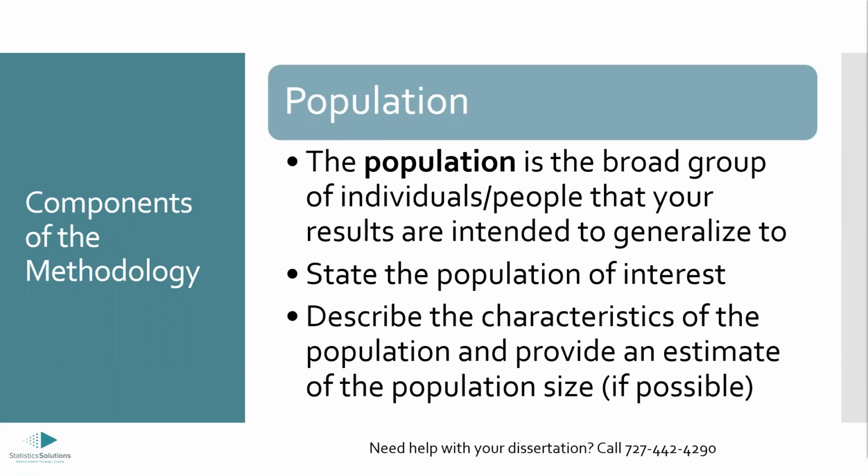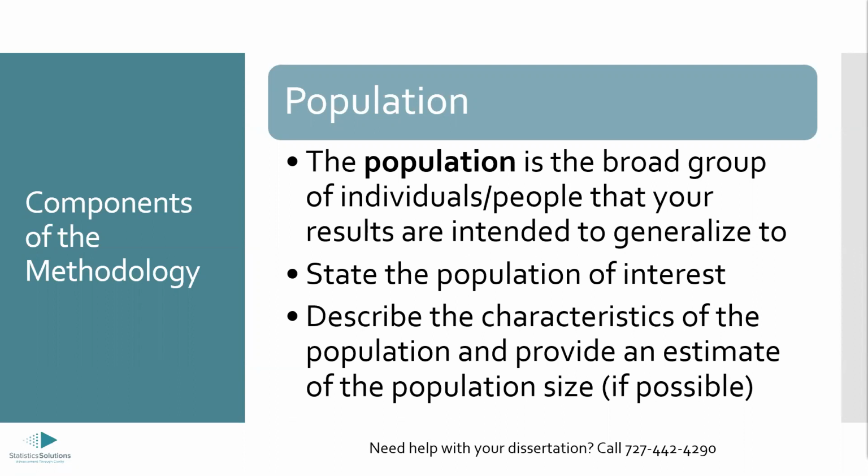And so for the population section, you want to state what the population is that you are looking at in your study. And if possible, you want to describe the characteristics of the population and provide an estimate of the population size. So for instance, if you are doing that nursing study and your general population is all registered nurses in the United States, you want to find some kind of estimate for how many registered nurses there are in the United States.